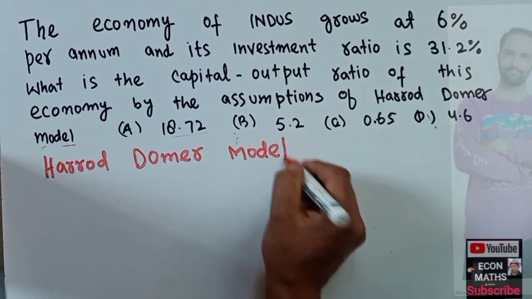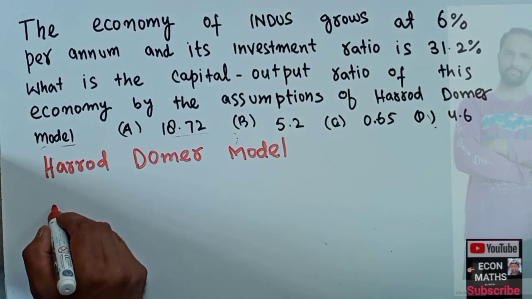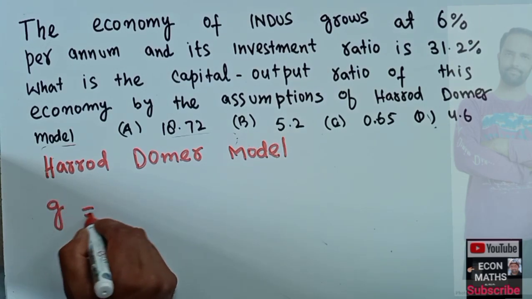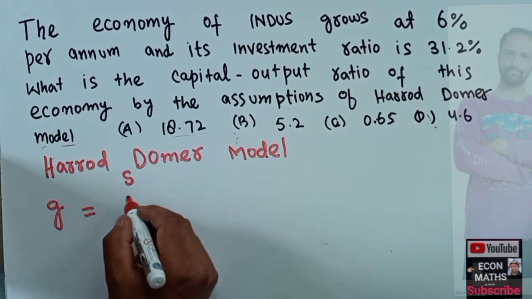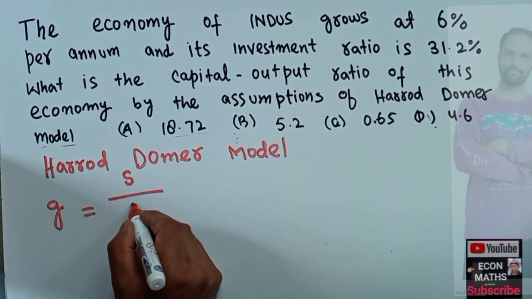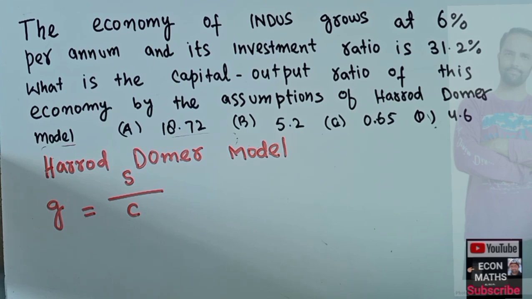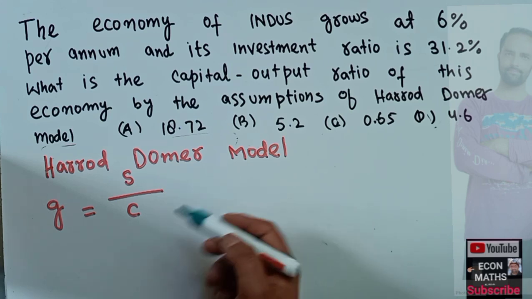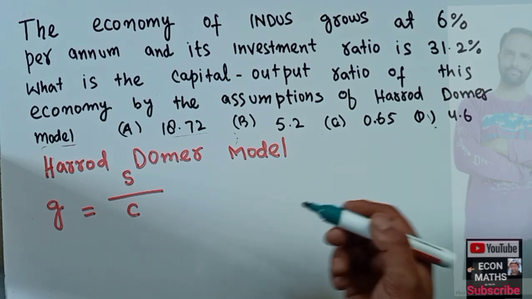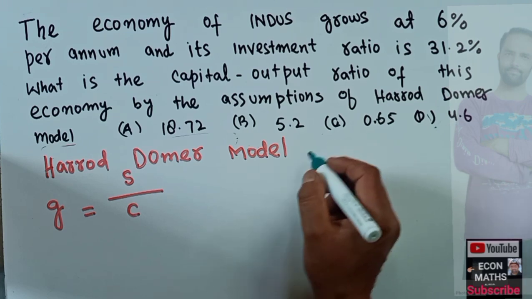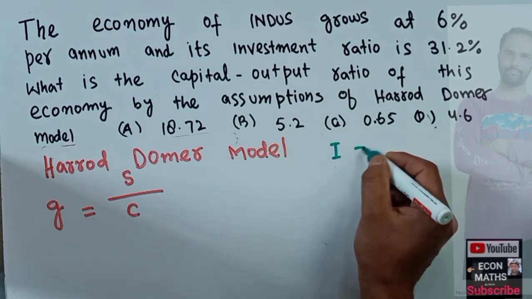The growth rate of the economy is given by G equal to savings rate upon capital output ratio. Let's denote it by C. And one important assumption in the Harrod-Domar model is that whatever is being saved is invested. That means investment is equal to savings.